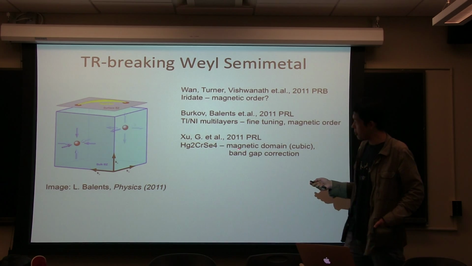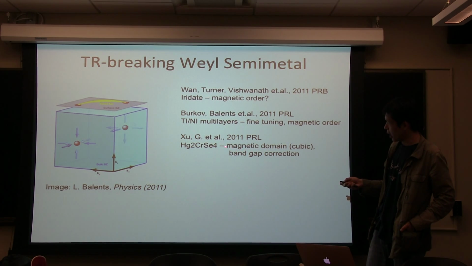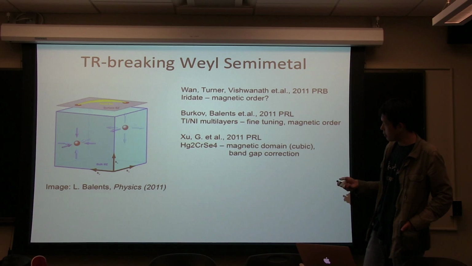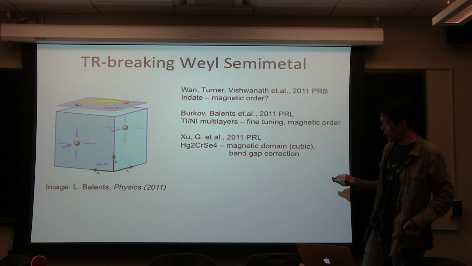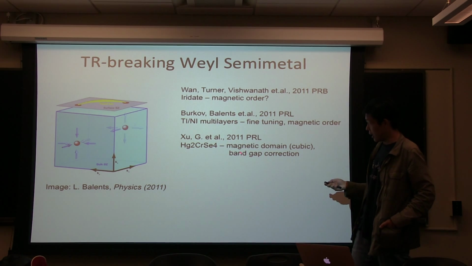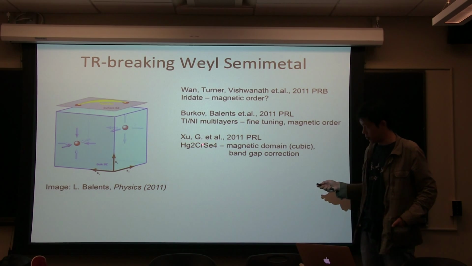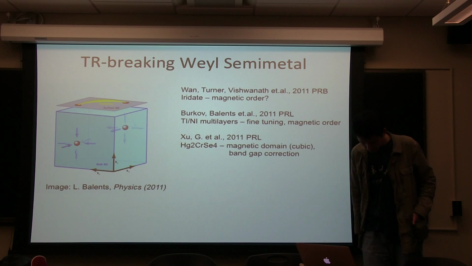And later in the same year, I think this is from the IOP group, they proposed a stoichiometric compound, mercury chromium selenide, which is indeed a ferromagnet in experiment. And they proposed that this can also give rise to a Weyl semimetal state.